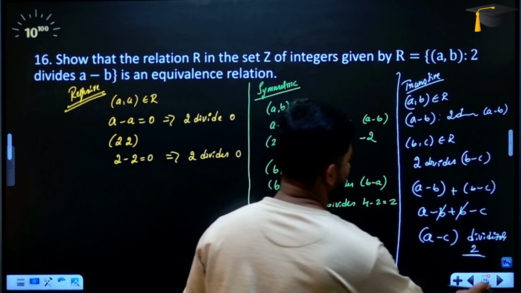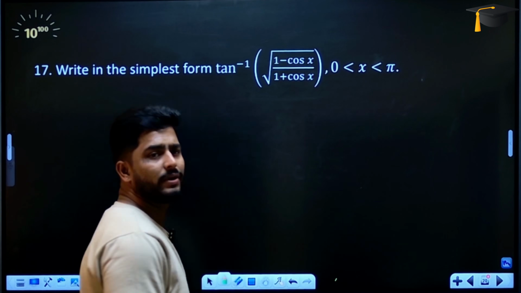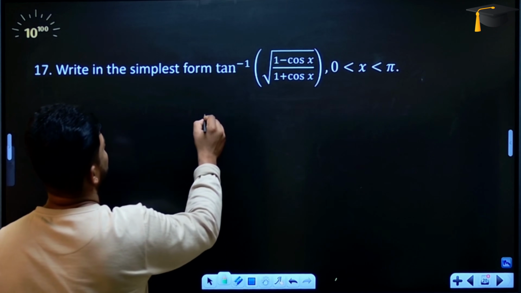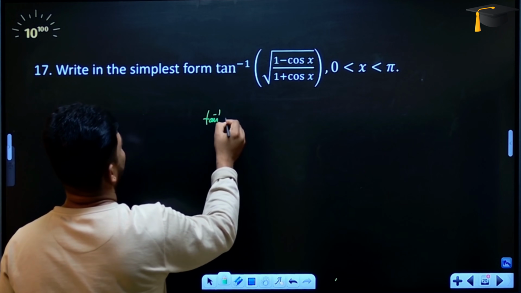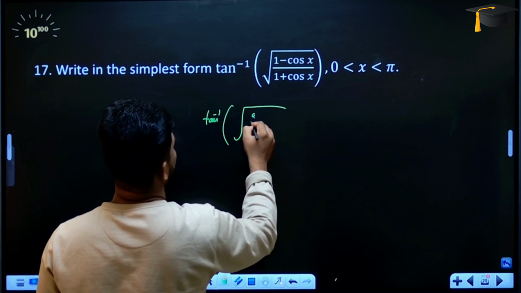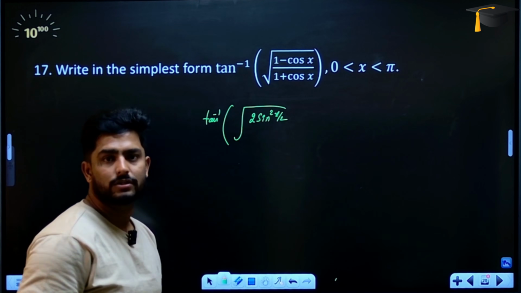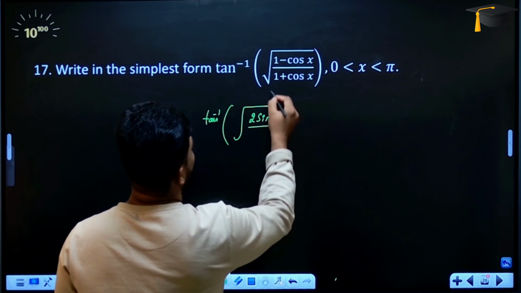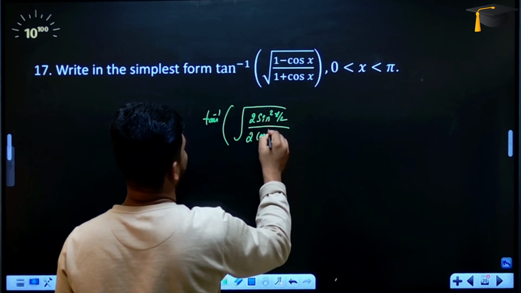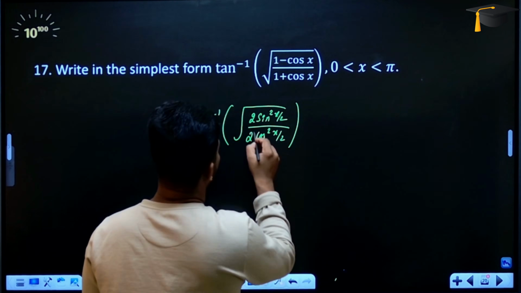Okay, so first is done. Next one. So write this in the simplest form. Very simple question this is. Okay, so this is tan inverse of root of 1 minus cos x over 1 plus cos x. 1 minus cos x is nothing but 2 sine square x by 2, children. Next, 1 plus cos x is 2 cos square x by 2. So here 2 and 2 cancel.